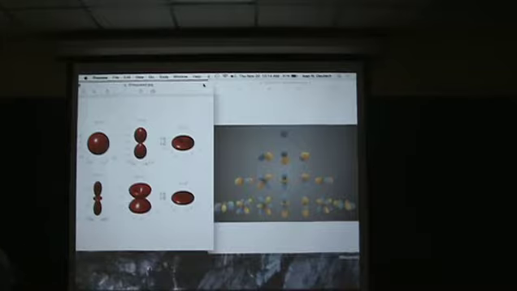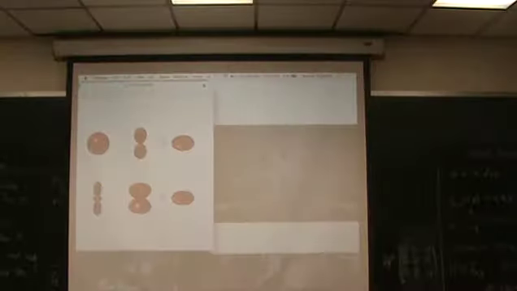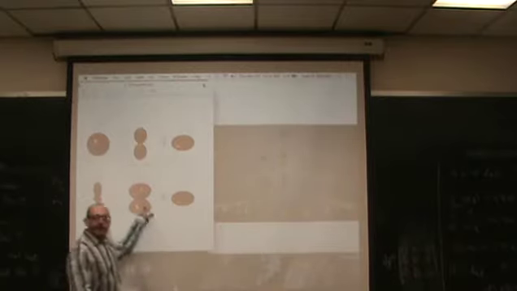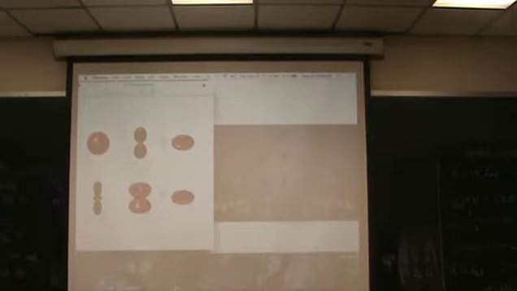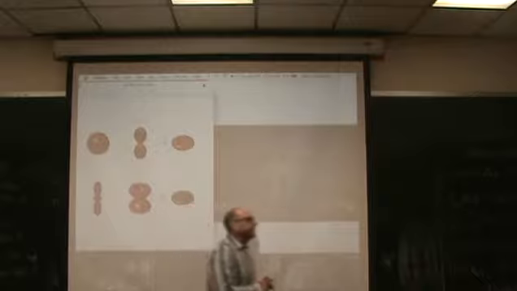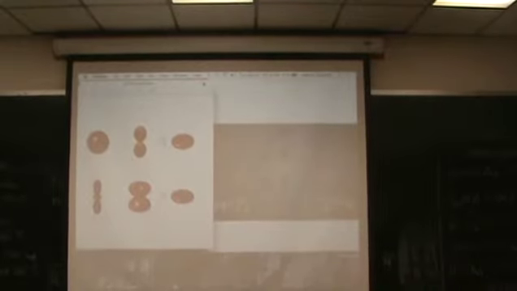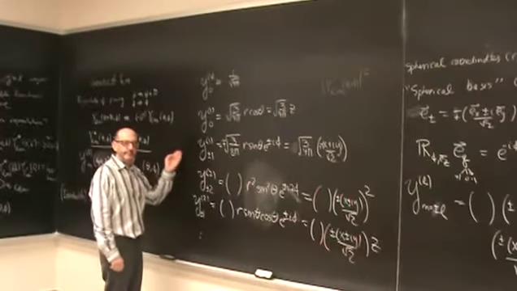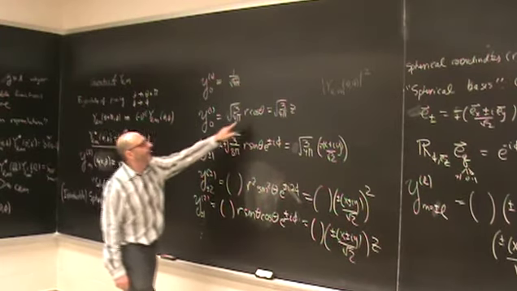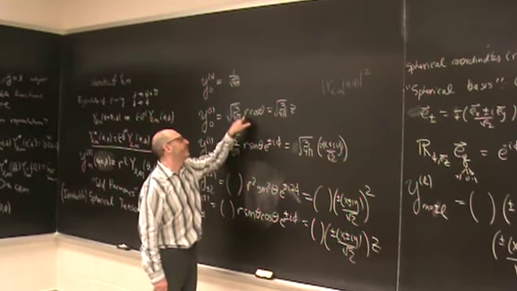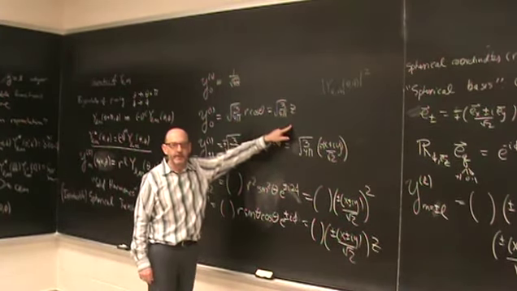Okay, now there's this other picture here, and I wanted to say a few words about that as well. Of course, these are the squares of the amplitudes. The amplitudes themselves are complex numbers. Here it is as a function of theta, or if I put the r in here, as a function of z.